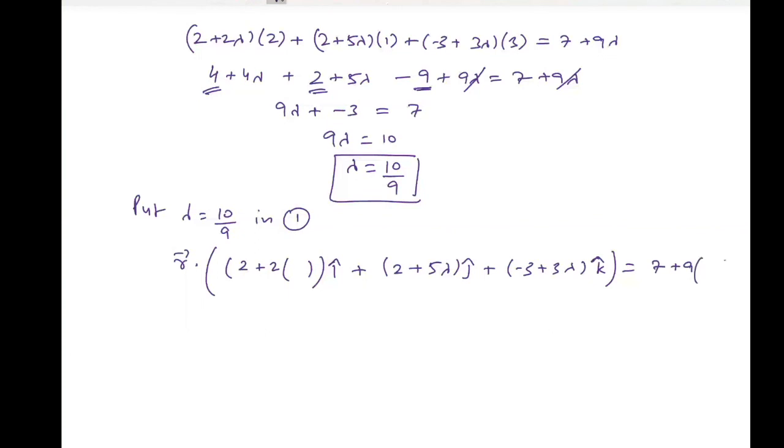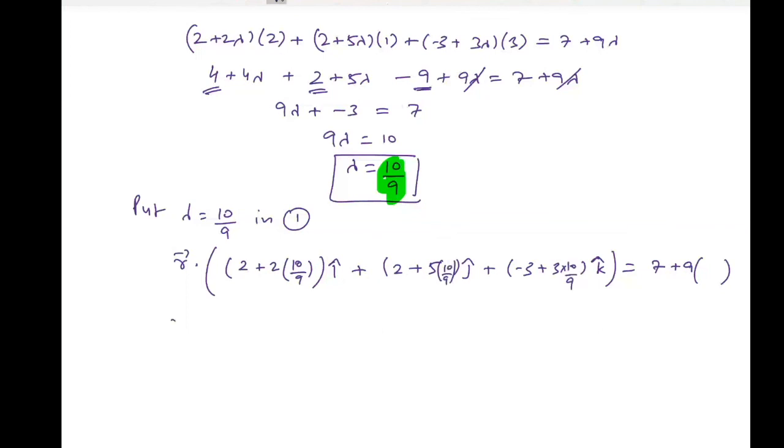See, instead of writing lambda, you just put the value of lambda. What is the value of lambda? It is 10 by 9. So here we are putting 10 by 9, here we have to put 10 by 9, and here also we have to put 10 by 9.